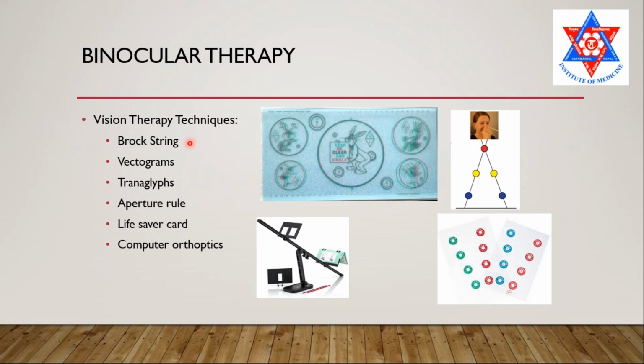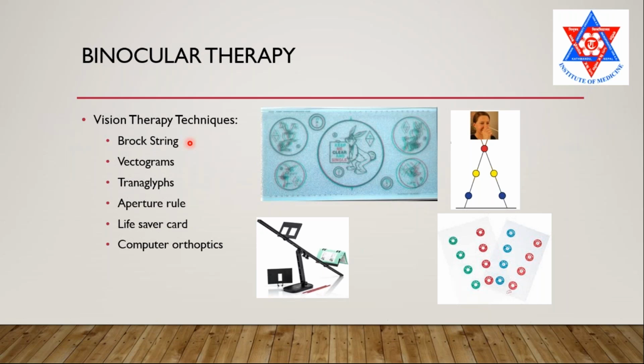Basically, Brock string we can also do with a single bead, just to make the patients aware of physiological diplopia. If the amblyopic child becomes aware of physiological diplopia, then we know that he has attained some kind of binocularity.